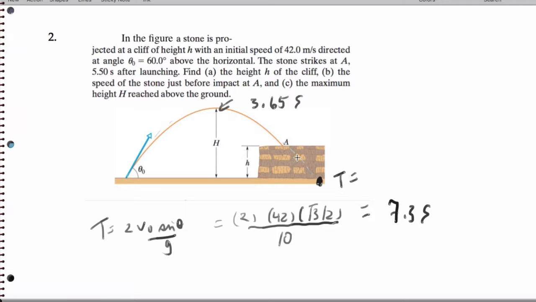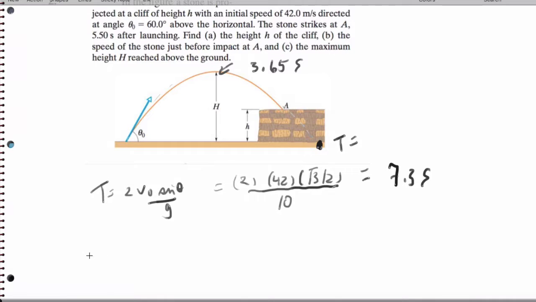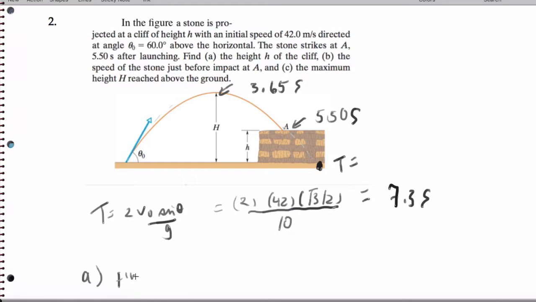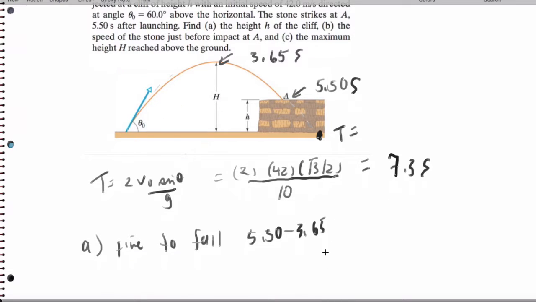So what I'm going to do is simply solve vertically for part A. I realize that the time when it hits point capital A is 5.5 seconds. That means the time to fall is 5.50 minus 3.65 seconds.